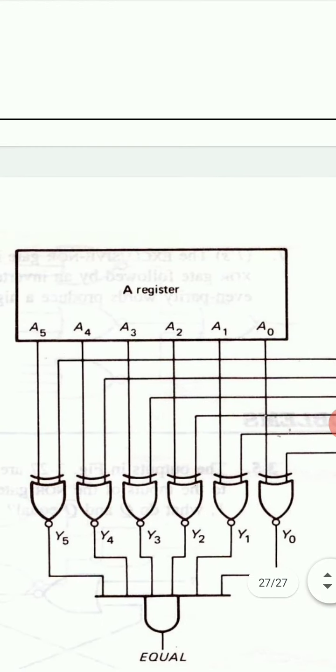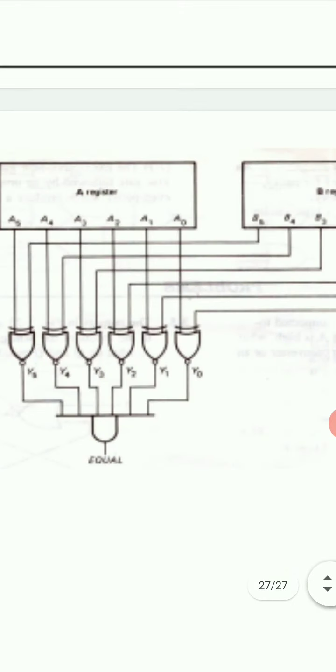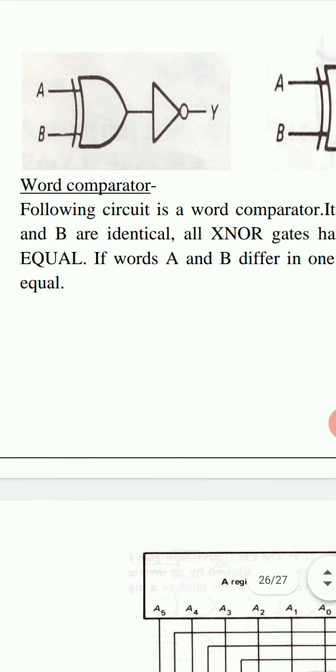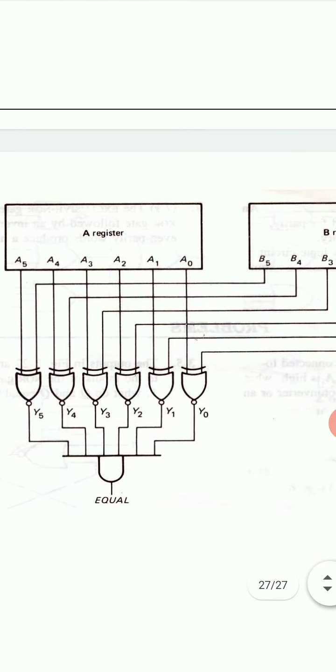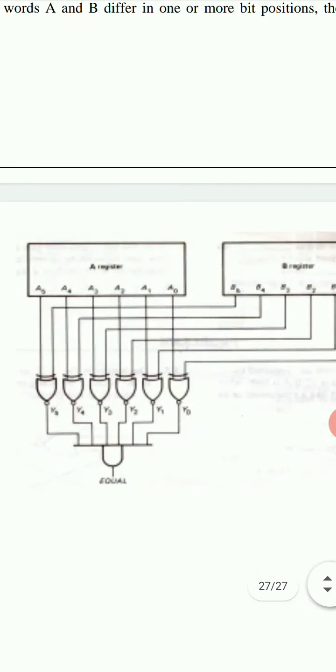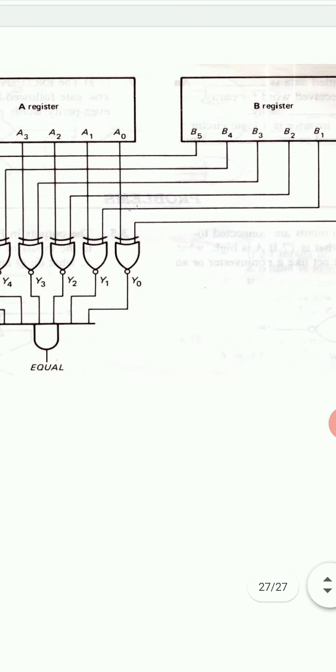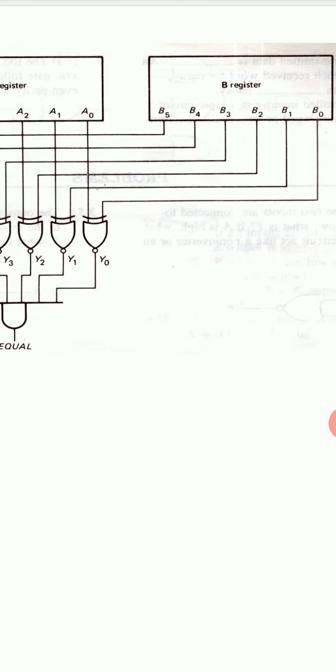First we see the circuit diagram. This is the circuit diagram for word comparator, a circuit which compares two words, one word in register A and the other word is stored in register B.